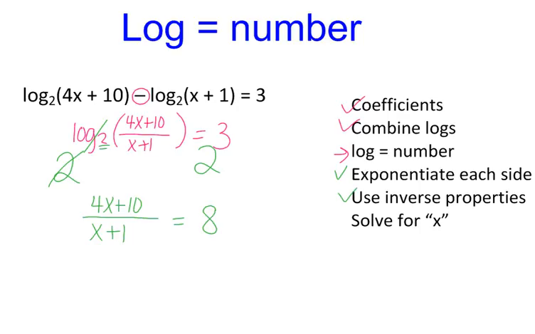Now we just got to finish solving for x. Now I know you're freaking out because there's a fraction and x is on the bottom. All you got to do is get rid of the x on the bottom. So how do we cancel out this term? Multiply both sides by x plus 1.